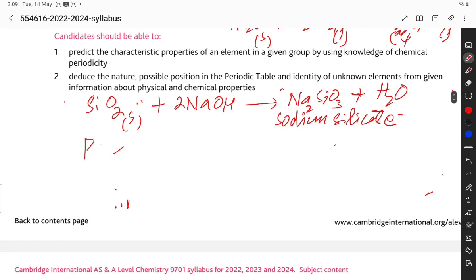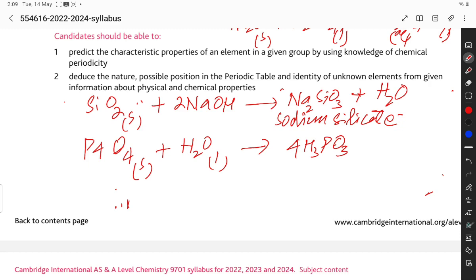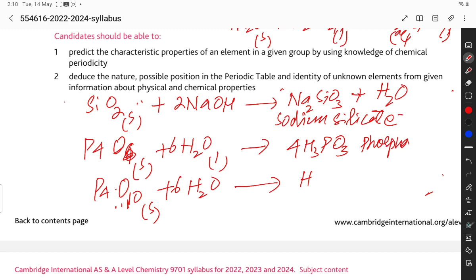Similarly, P4O6, solid, dissolved in water forms an acidic solution, phosphorous acid. And P4O10 plus water forms phosphoric acid, H3PO4.